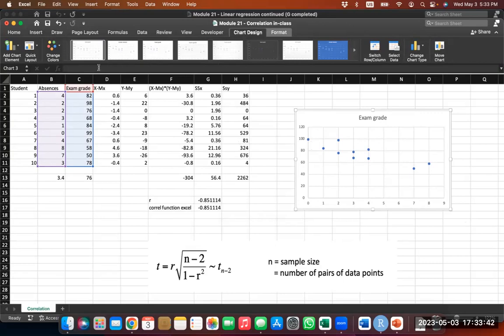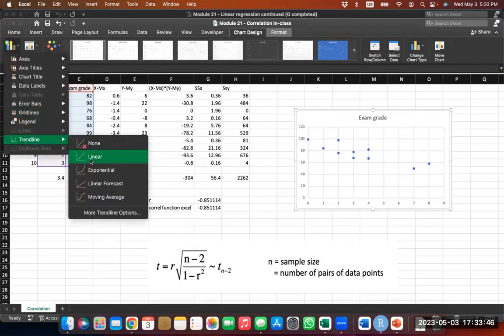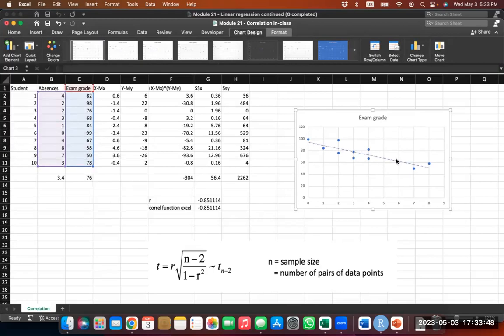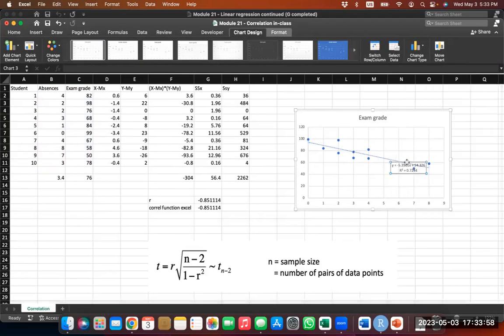We can now quickly fit a line by clicking on add chart element. We can fit the straight line through, which shows a linear function. Clicking on the trend line allows us to display an equation and an R squared value.